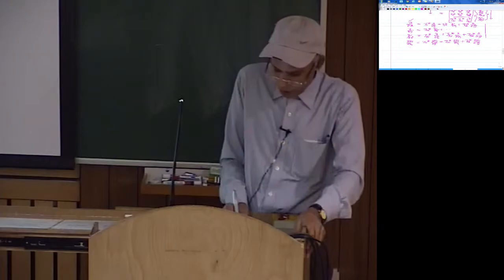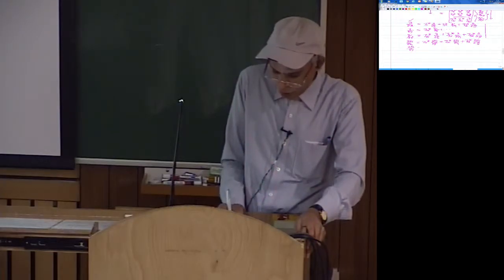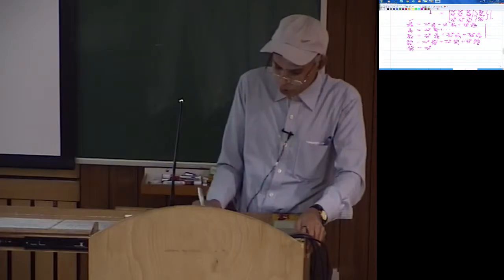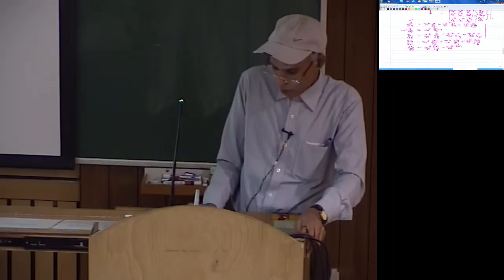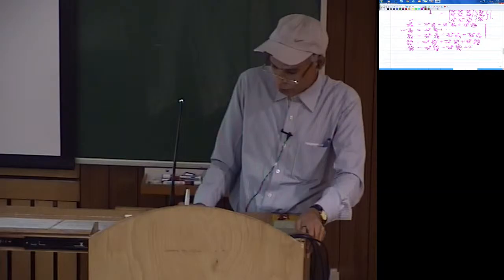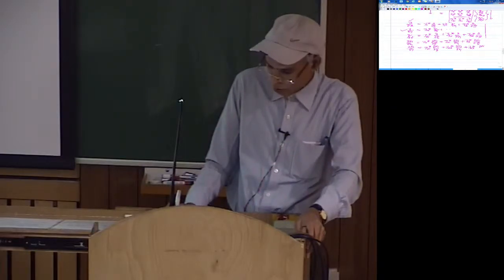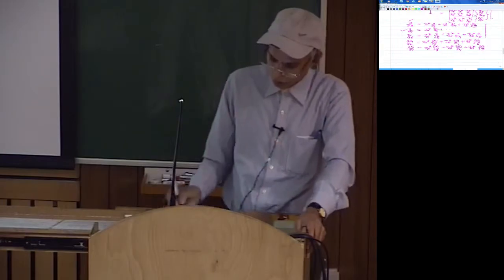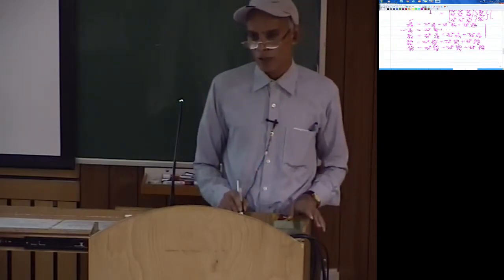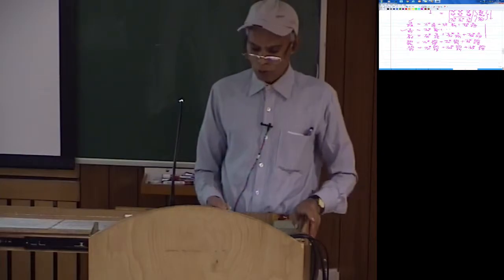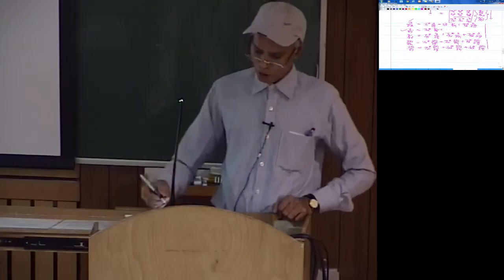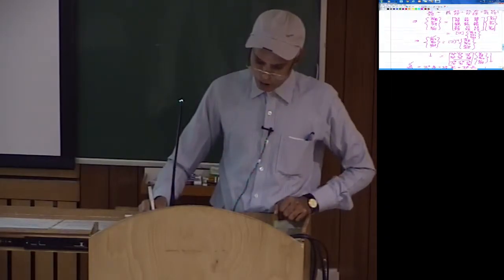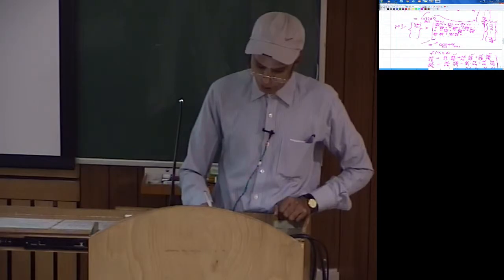Similarly, del n1 by del y is J21 star into del n1 by del xi plus J22 star into del n1 by del eta plus J23 star into del n1 by del zeta. Like that you can write all the derivatives of each shape function, n1 to n3 and so on. This is how you will evaluate these derivatives of the shape functions with respect to x, y and z, which are needed in the strain displacement matrix, that is this matrix.